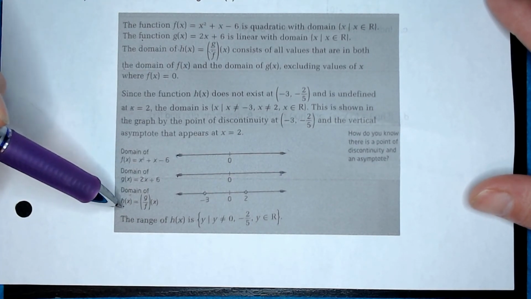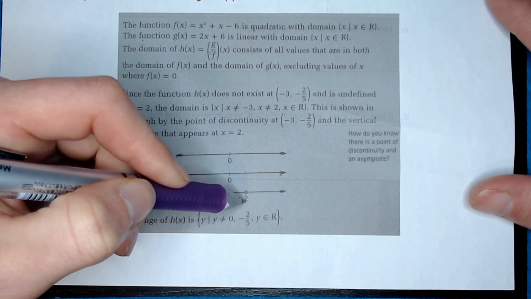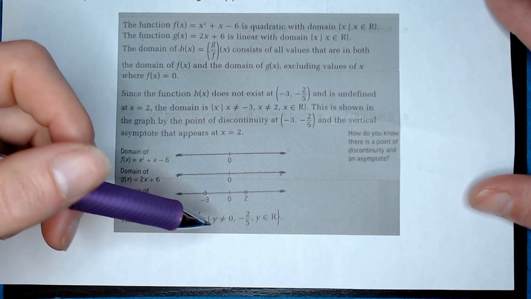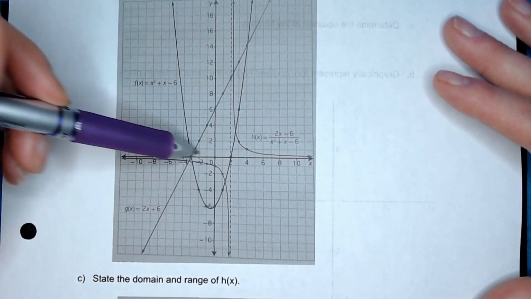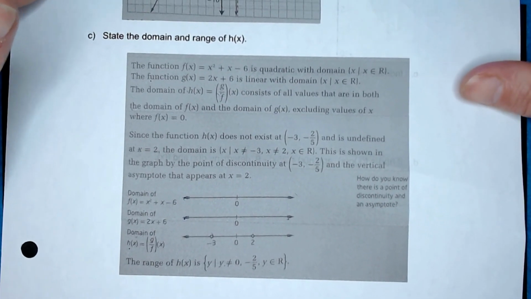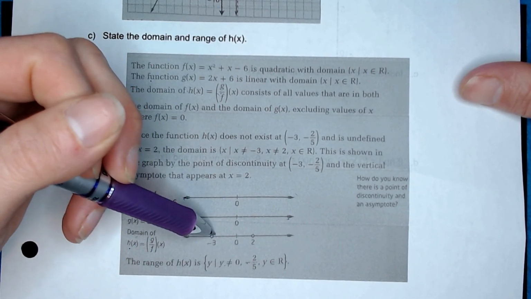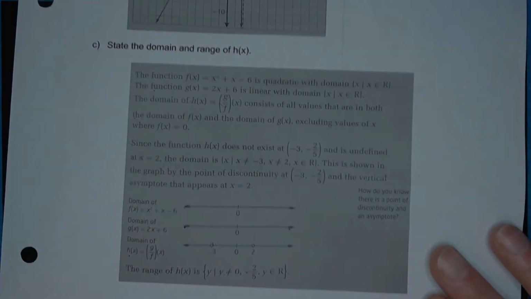And the domain of h of x, it has those holes, one at negative 3 and one at positive 2 with the vertical asymptote. The range, of course, y cannot equal 0. You have a horizontal asymptote here, the x-axis. And then also it cannot equal negative 2/5 where that non-permissible value is. All other values of y are valid.